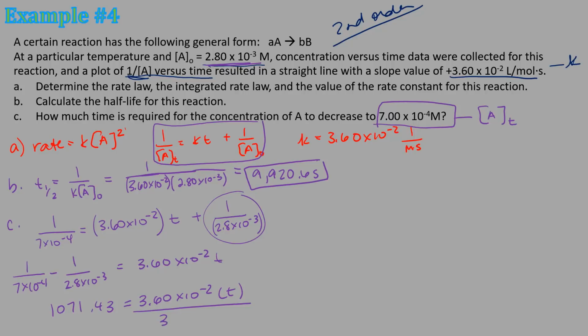So I'm going to divide by this, and I end up getting that my time is going to be 29,761.9 seconds. All right, so with sig figs, you'd have 29,800 seconds.